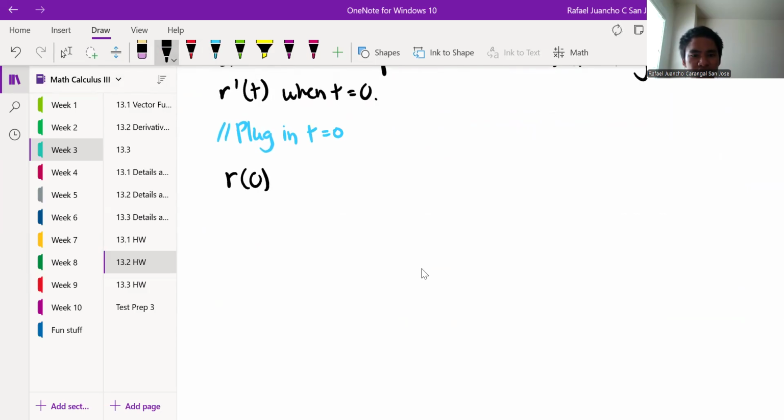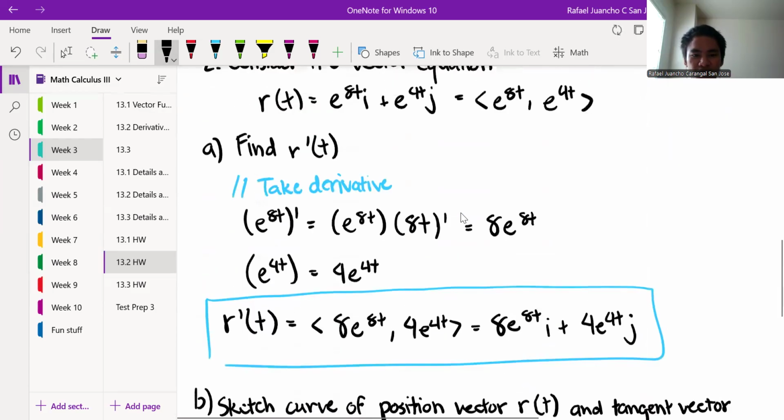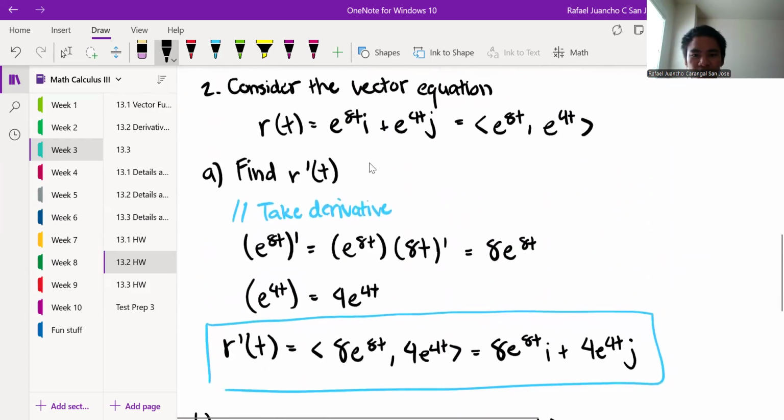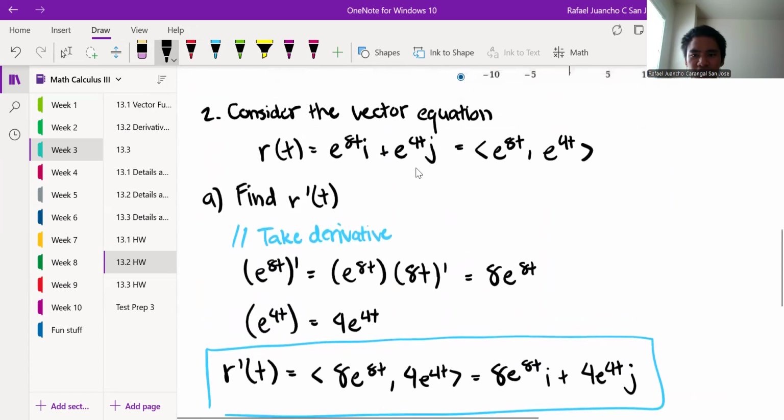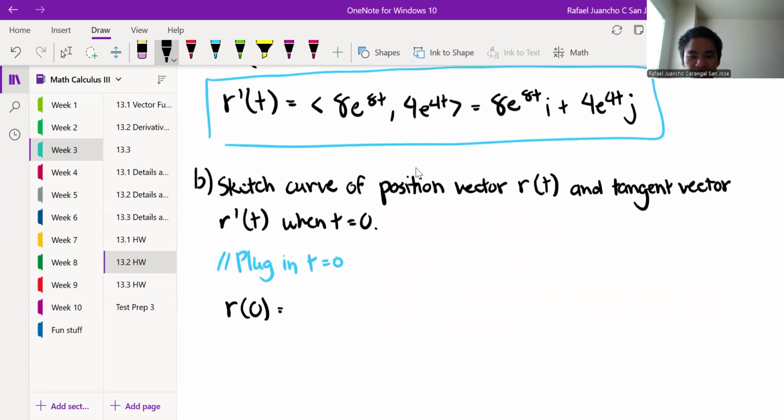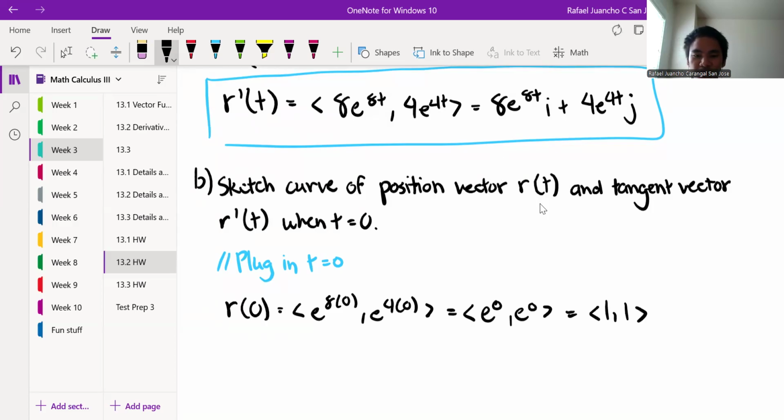So r of 0 will give me something. Oh, they're both 1. Because I get e to the 8 times 0, e to the 4 times 0, and then I get e to the 0 and e to the 0. And e to the 0 is just 1 and 1.